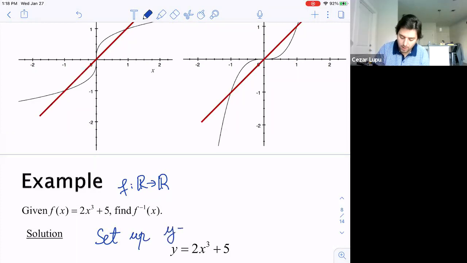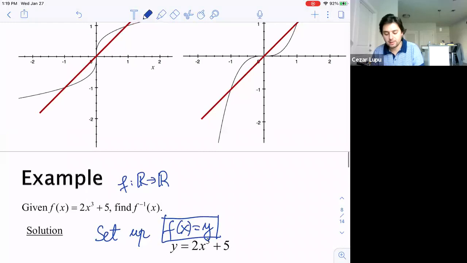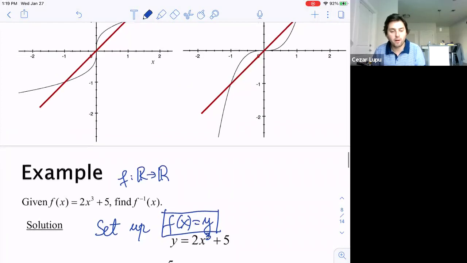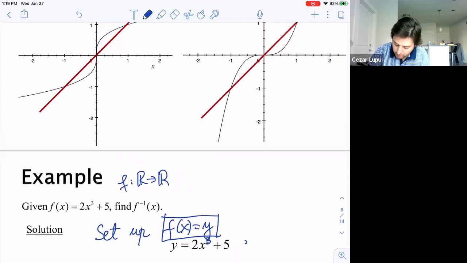So let me write here y equals f of x, or maybe I should write f of x equals y. Which means that in our case, y equals 2x cubed plus 5. And now you're going to solve this for x.